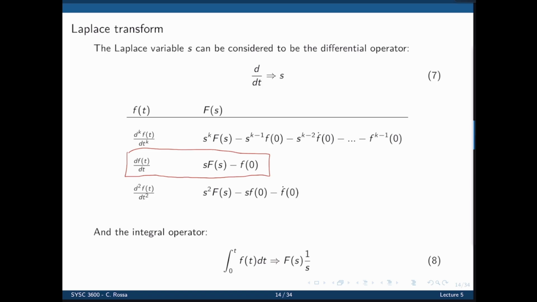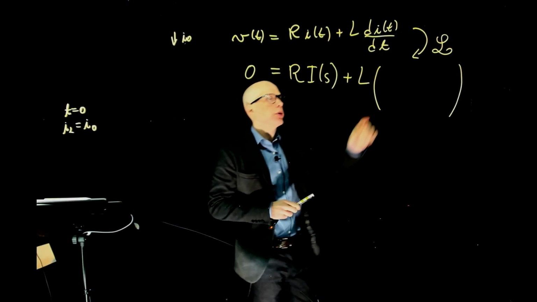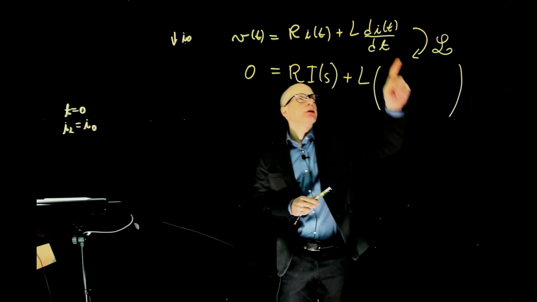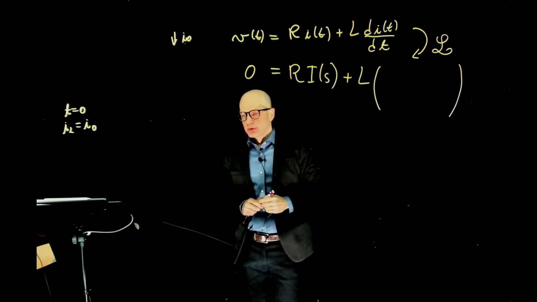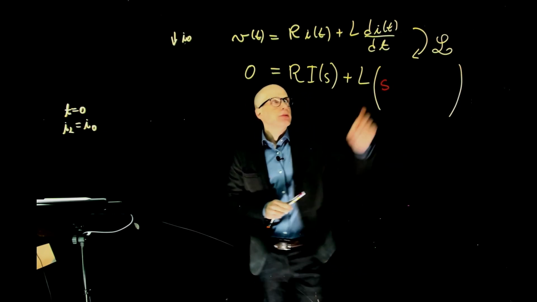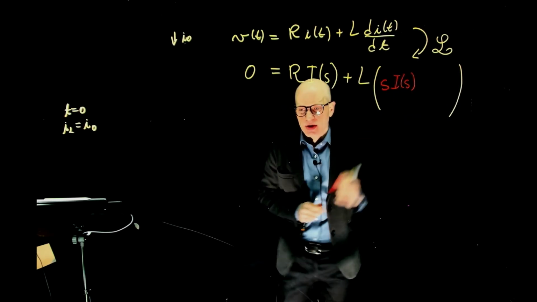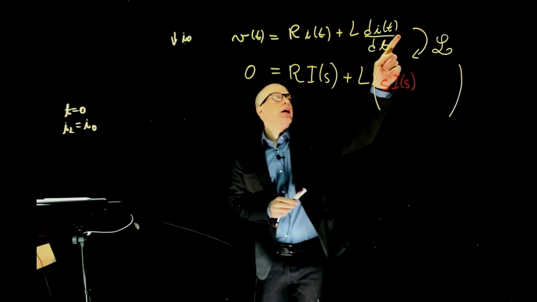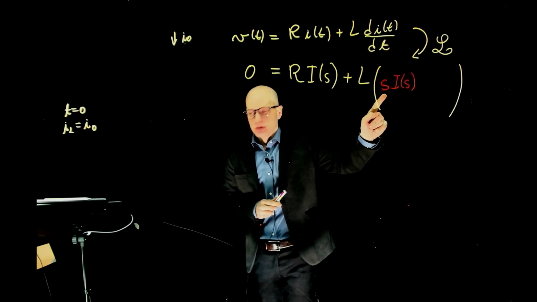So what goes inside here? This is the Laplace transform of di/dt. The Laplace transform of the derivative is simply s times I of t, which becomes I of s. We see di/dt, I of t becomes I of s, and the derivative becomes s.